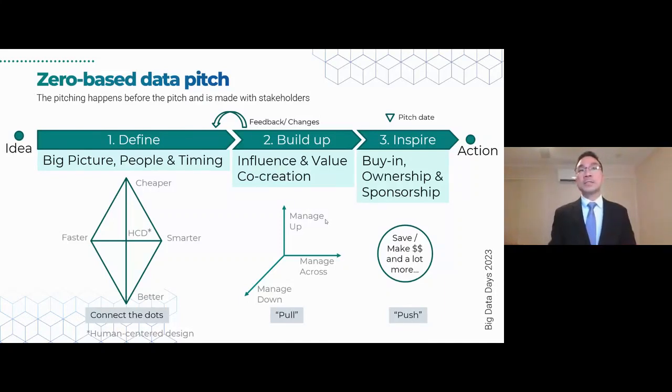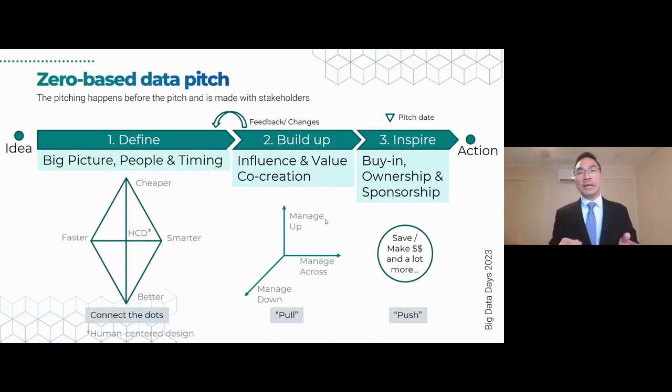Now let's look in more detail at this roadmap. Just to make it easy, I will go with the first point: define big picture, people, and timing. Why do I have this key point there? With the diamond diagram, you have faster, cheaper, smarter, and better, with human-centered design in the middle. For me, when you have an idea, it has to align with business value.